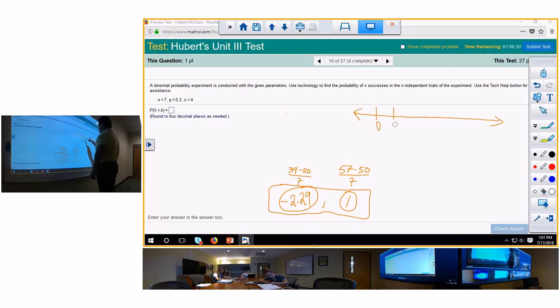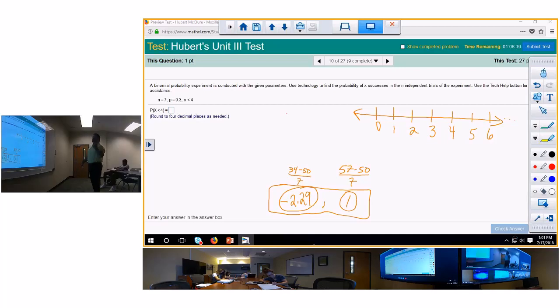0, 1, 2, 3, 4, 5, 6, we don't know how many. Does the problem tell us how many we go to? No. It just says, what is the probability that X is below 4?